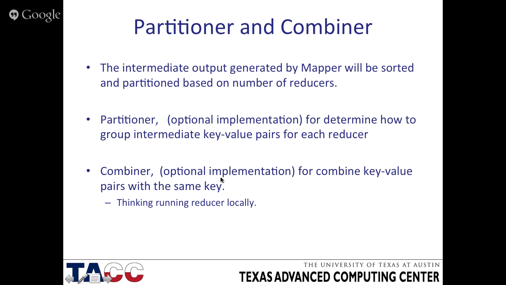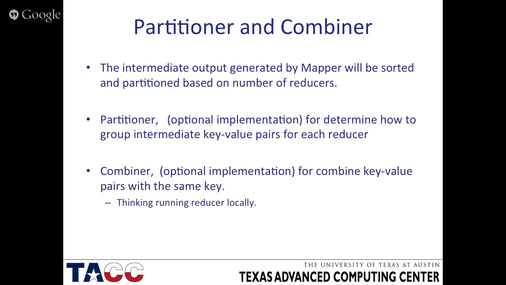For both processes, you can have your own implementation to customize the grouping based on the key and how you want to combine them differently than the reducer. But by default, the partitioner uses a default hash function, and the combiner will automatically call the reduce function you already defined. So you can think of the combiner as running the reducer locally as well.